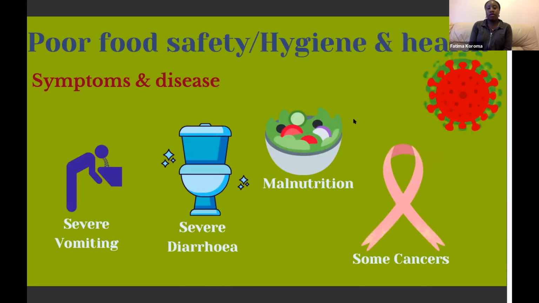So let's look at the symptoms and the diseases that happen when they eat contaminated food. One of the most common ones when they eat contaminated food is severe vomiting. If they vomit a lot, they lose all the nutrients that you need for your body to work fine and well.